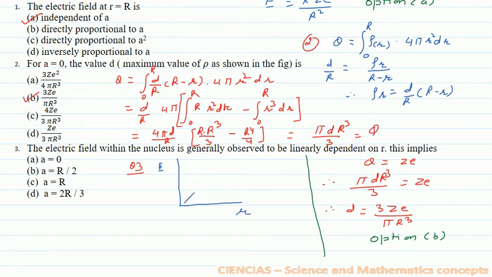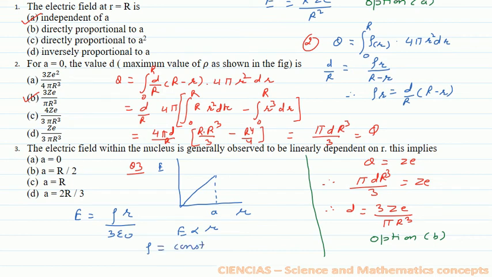This will go as a straight line, and this is equal to A, and we have to show when it will be maximum. So now we know that electric field is equal to rho r upon 3 epsilon 0. So that means E is directly proportional to r, and rho is constant, epsilon 0 is also constant.